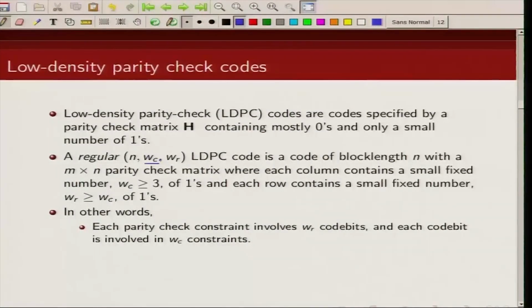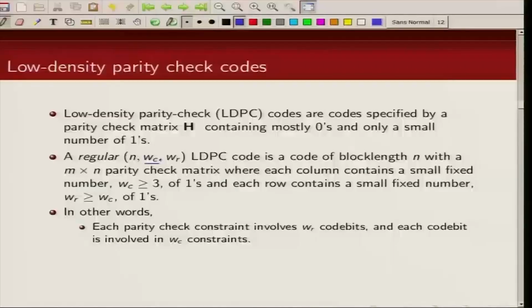It means that each bit participates in W_C parity check equations. So, each parity check constraint in a regular LDPC code will have W_R code bits, and each code bit appears in W_C parity check constraints.